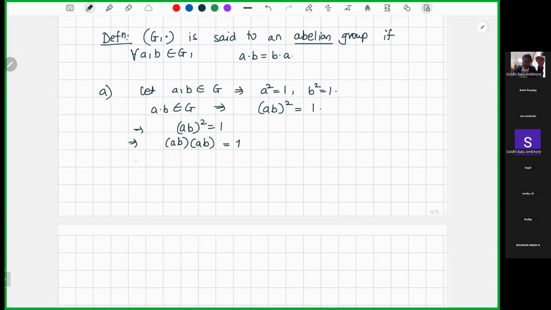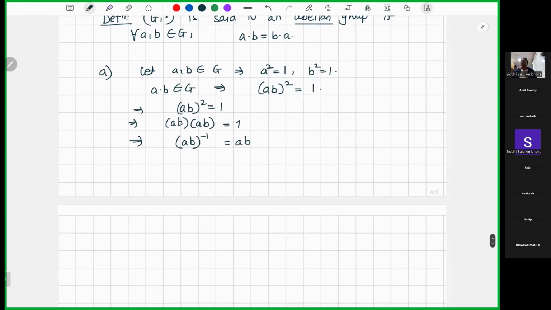This implies what? That AB inverse is AB, right? Any doubts here? AB inverse is AB, because this AB into AB is 1. So AB inverse is A into B. But in general, this AB inverse is what? It is B inverse A inverse, right?